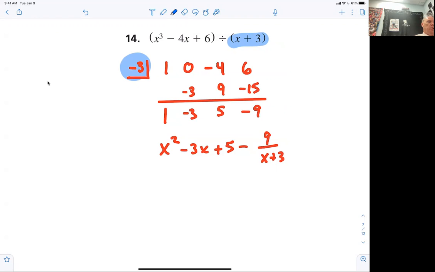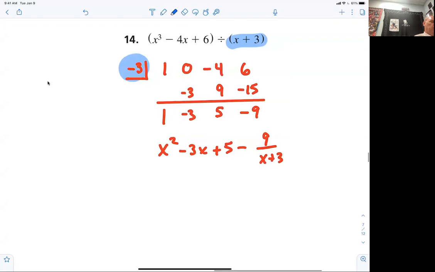You're always multiplying by the number that's in the box. You're adding down, multiplying by the number in the box. Come on, Simon. What are you multiplying the -3 by? By the first number, 1. So you're multiplying these numbers and you're adding these together. So I did, and we're going to do it again. You'll catch on.